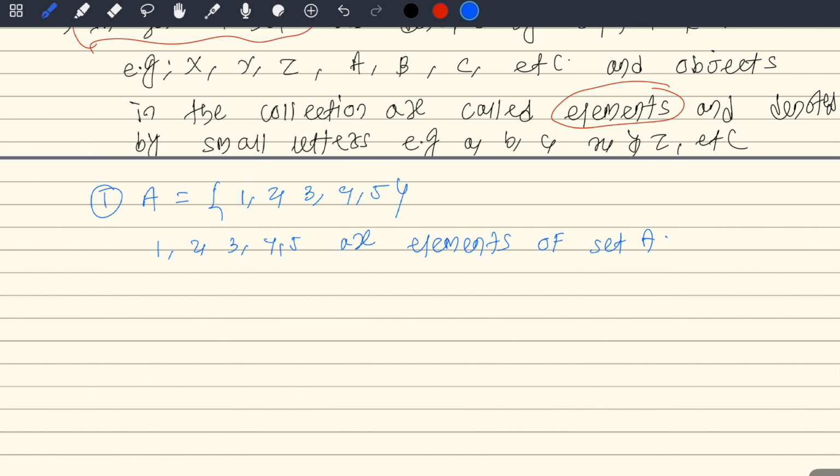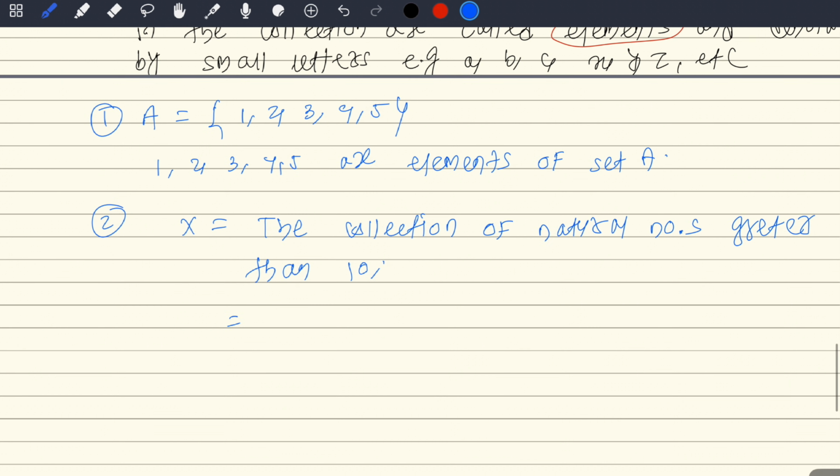And suppose I am collecting X is equal to the collection of natural numbers greater than 10.